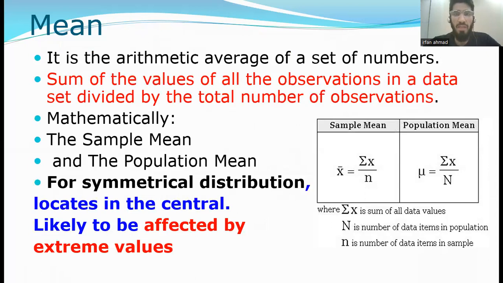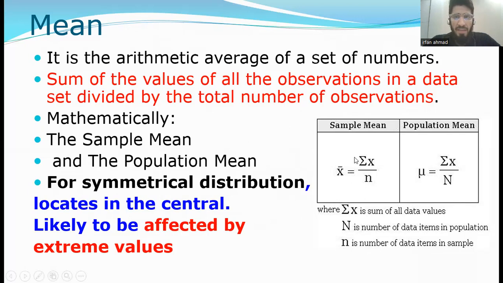It is an arithmetic average of a set of numbers. The mean is the value obtained by following the arithmetic procedure of addition and division: the sum of the values of all observations in the data set divided by the total number of observations. Mathematically, the sample mean is denoted by x bar, and the population mean is denoted by mu.